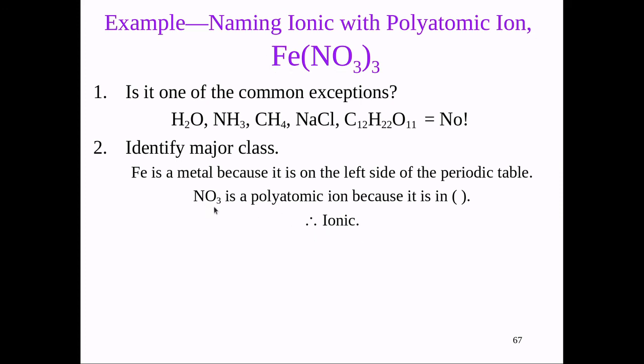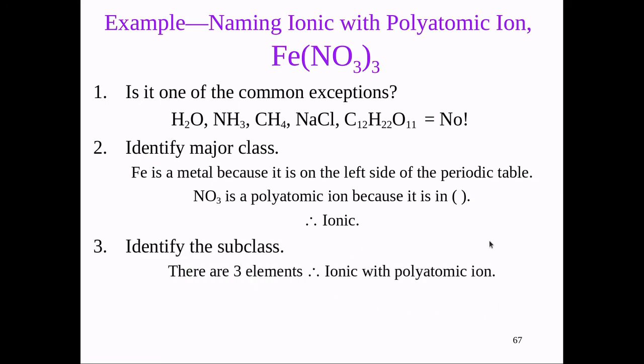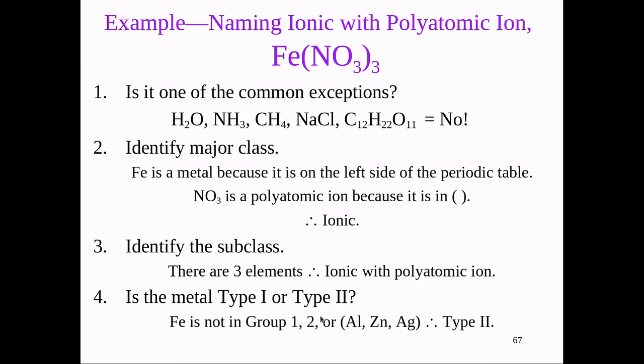And we know that NO3, in this case, we get a little clue that this is a polyatomic in the fact that there are parentheses present. So we know that we are in our ionic polyatomic ions, but in this case, we have a type 2 metal. Our iron is one of the ones that we know can take on different charges.